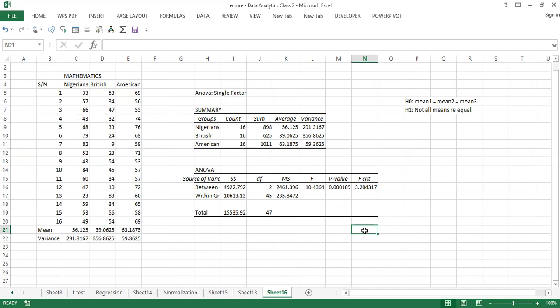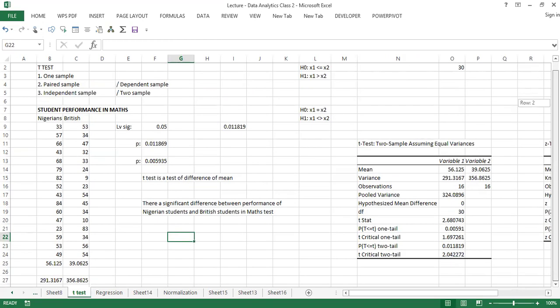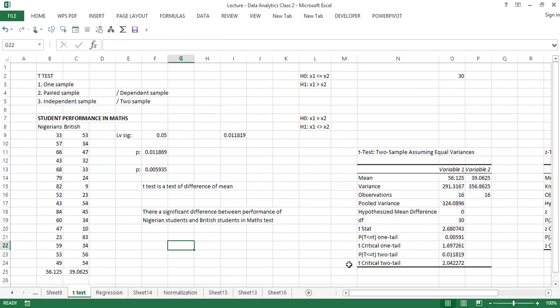Because I'm a bit confused. Okay, what's your question? When we got 0.16 in the previous exercise, what did we do? We rejected the null hypothesis. Let me see. In the one-sample t-test we did, we got 0.16 and we rejected the null hypothesis.